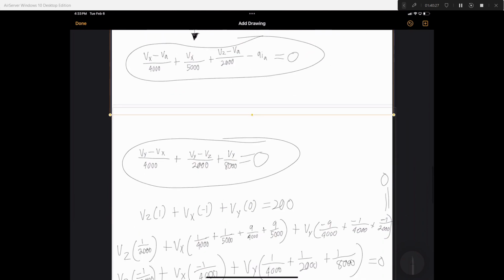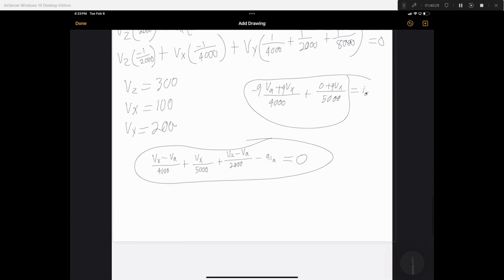So these numbers, let's see if they're right. They look perfect. VZ is 300. VY is 200. And we have VX 100.